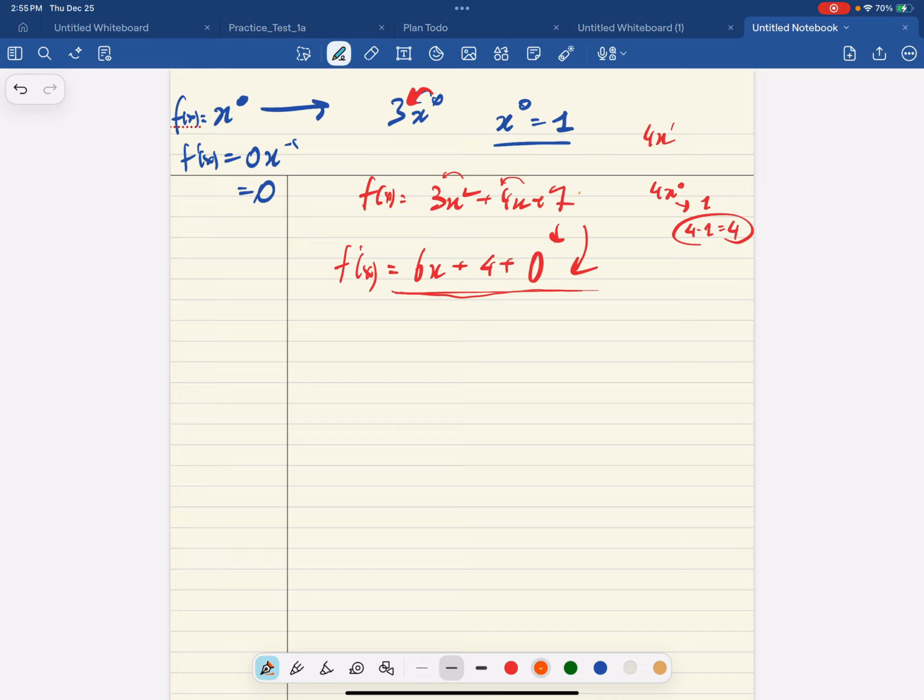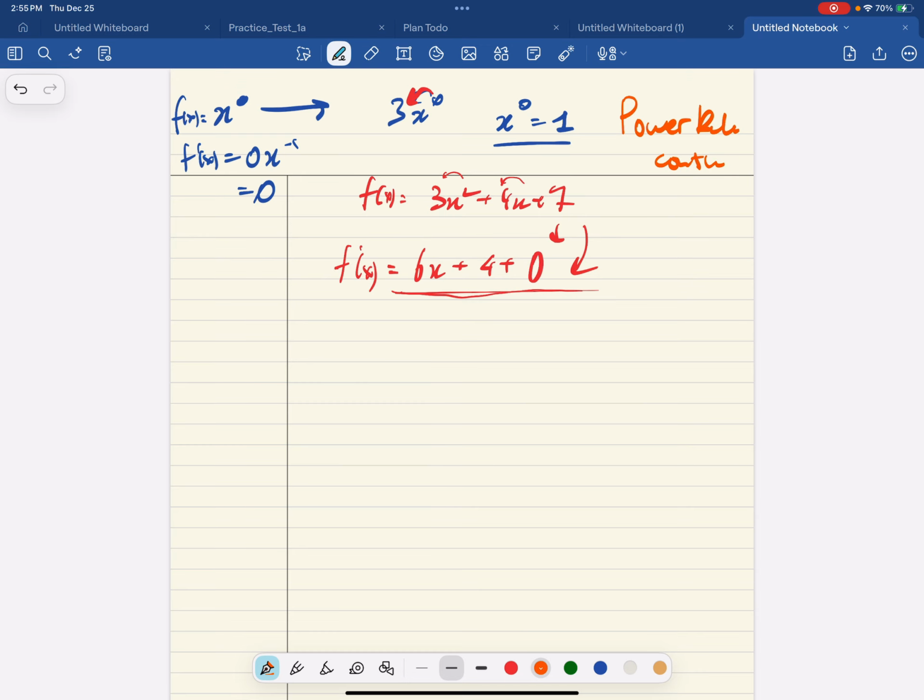If there is a constant with no x, it is like x to the 0, so f prime will just become 0. And so that's the power rule.